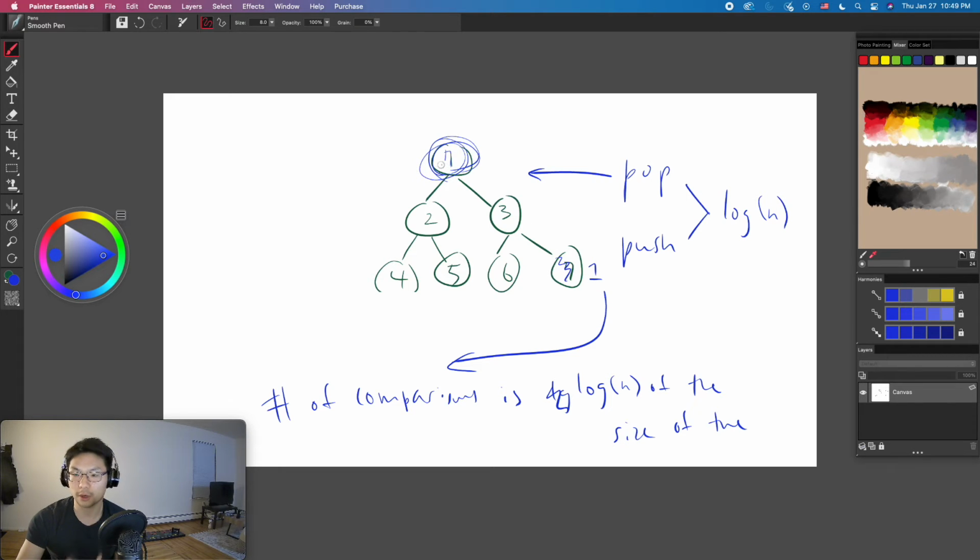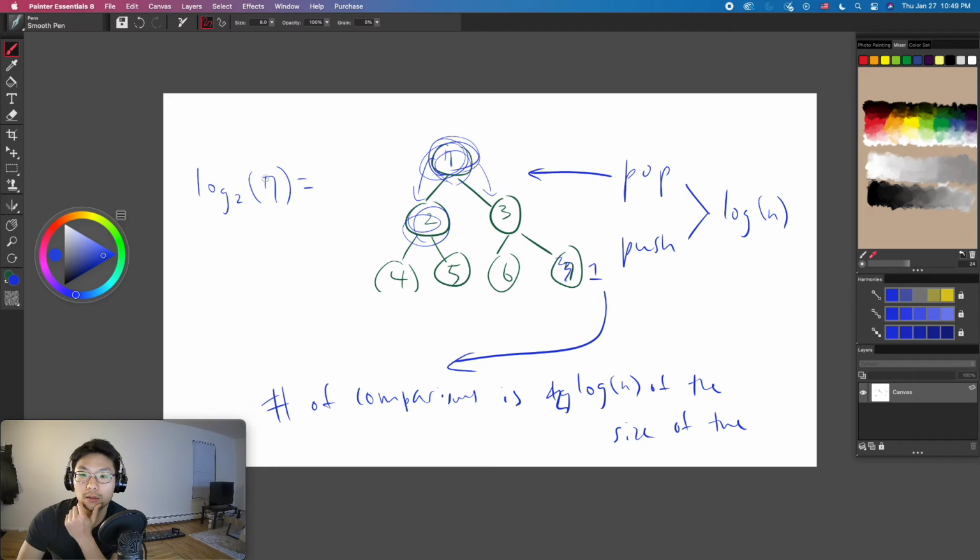And then we would percolate down to make sure that we maintain the heap invariant that what's at the root is the smallest. So 2 should go up, right? So how many comparisons are we doing? Well, there's 7 nodes, so what's log 2 of 7?